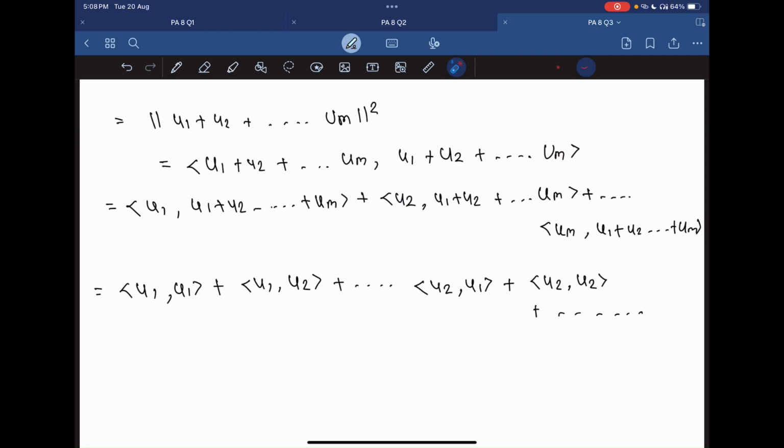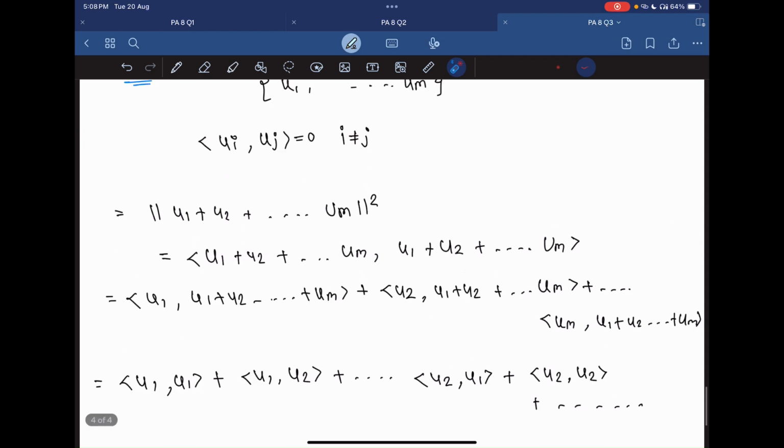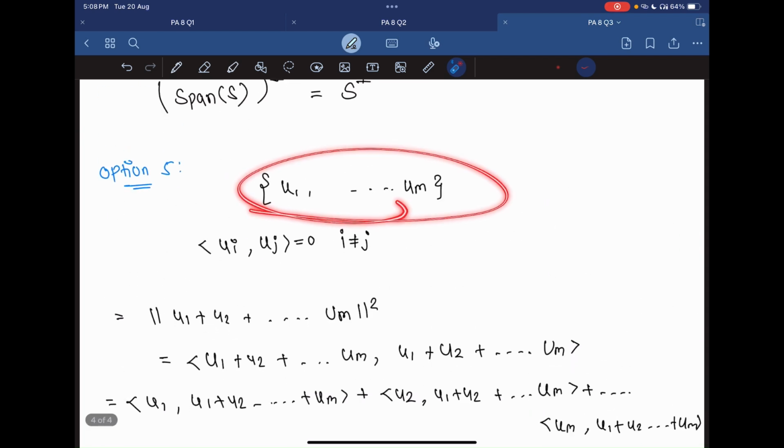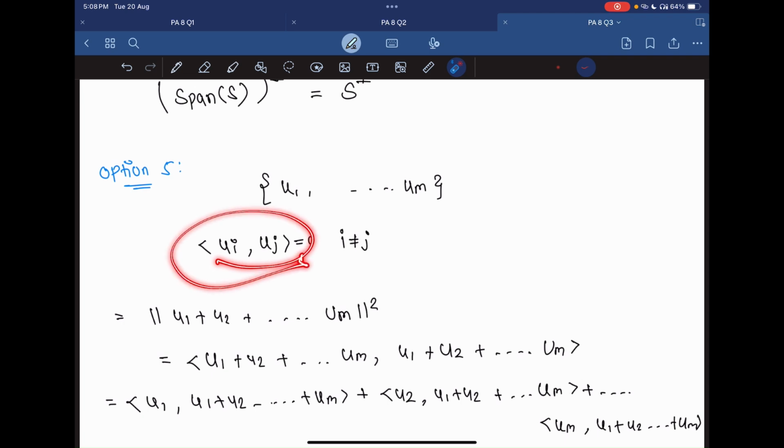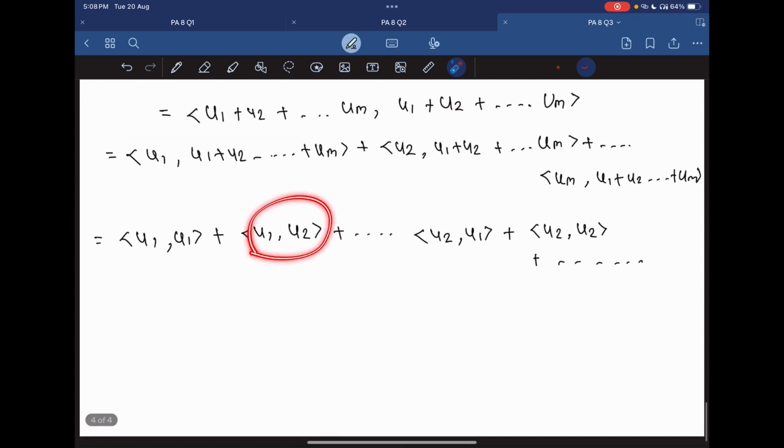Now notice that as it is already given that the set is an orthogonal set, the inner product between vectors with each other would be 0. So the inner product between u1 and u2 would be 0, u2 and u1 would be 0. Only when we are taking the inner product of the vector with itself, it is nonzero; all other inner products would be 0. And we know the inner product of a vector with itself is the norm square of the vector.